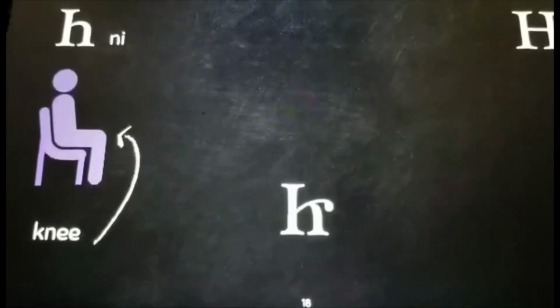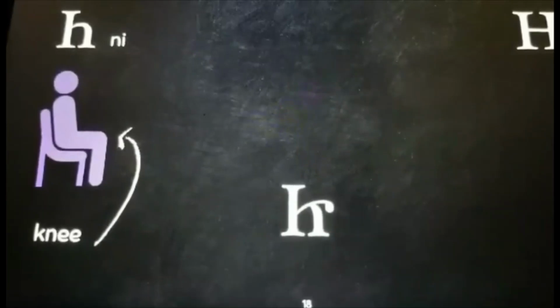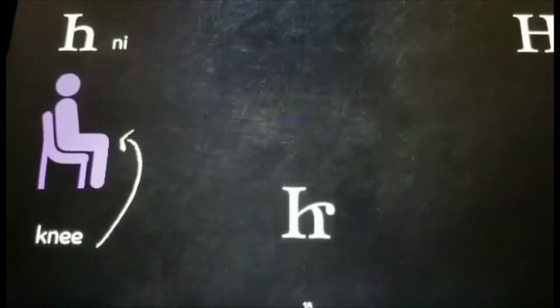So for this mini lesson, we have ni, ji, and me. Ni, ji, me. So first, ni, as in the word ni, and the syllabary character to me reminds me of just somebody sitting there with their knees out.